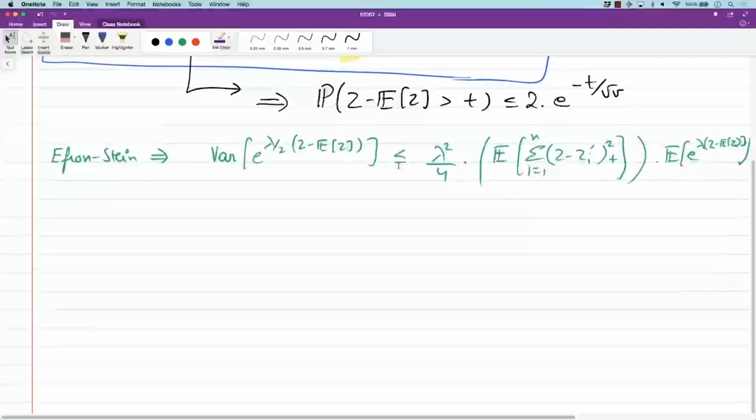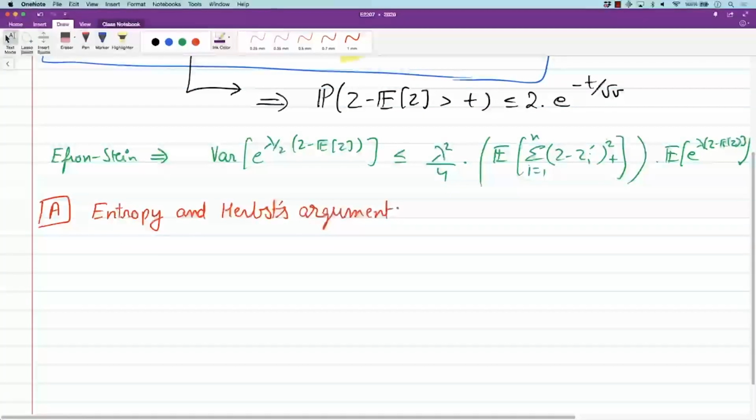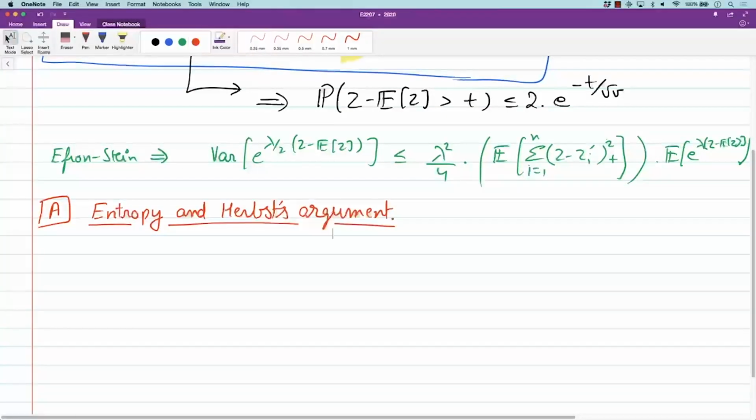So let's introduce entropy and Herbst's argument, which is the replacement of the functional inequality that we saw last time. Remember that the variance of Y is the expected value of Y square minus the expected value of Y whole square.